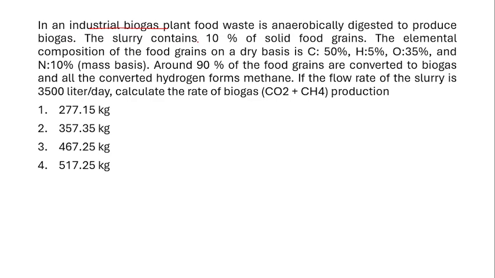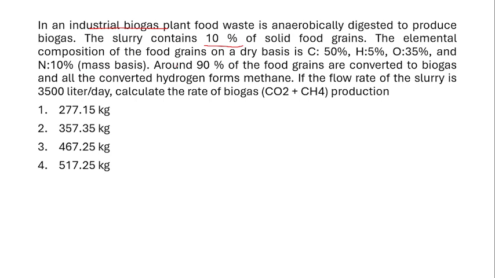The slurry contains 10% solid food grains. The elemental composition of food grains on a dry basis is carbon 50%, hydrogen 5%, oxygen 35%, and nitrogen 10%. If we add this, 50, 55, 90, 100, so it is 100% based on mass.